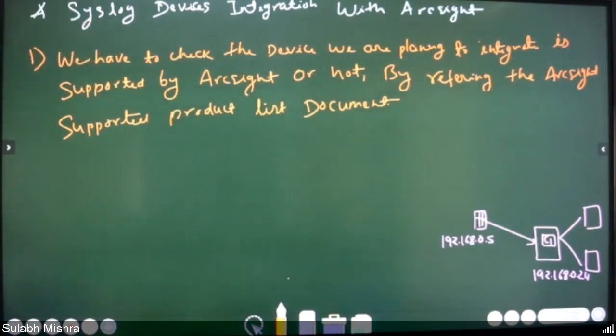If it is listed in the document, that means it is supported by Arcsight and a smart connector is available to integrate that device. If it is not listed, that means it is not supported, and in that case, you may have to go with the flex connector.